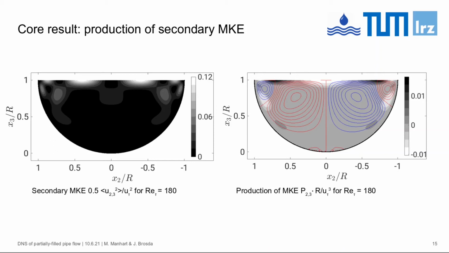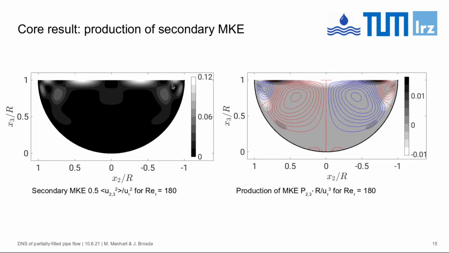This is here in this region at the surface. We have here relatively strong jets pointing to the center of the pipe towards the symmetry axis. And the kinetic energy in these secondary vortices, the inner vortices, is relatively small.